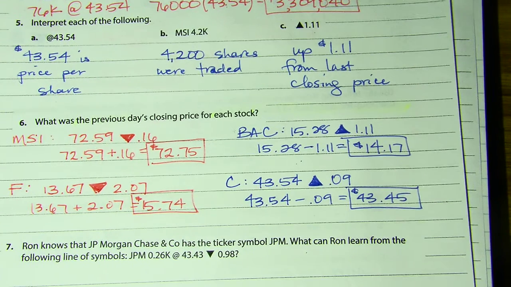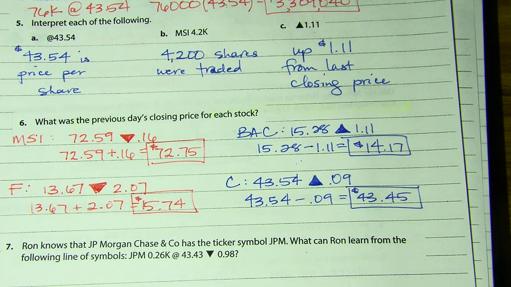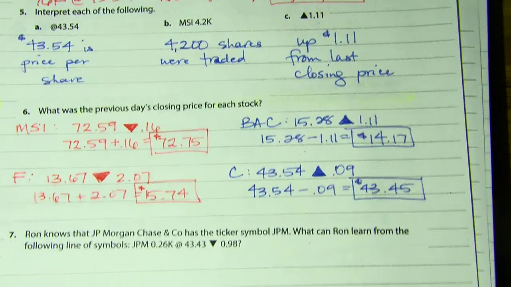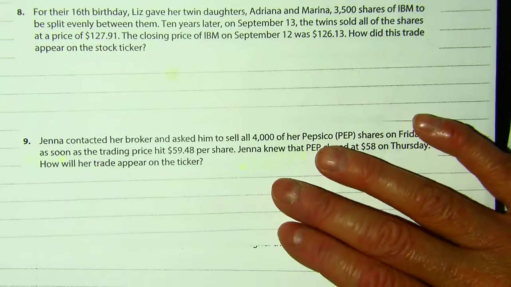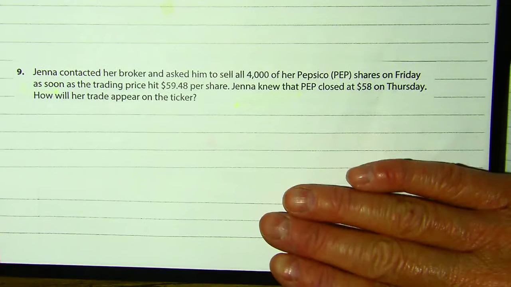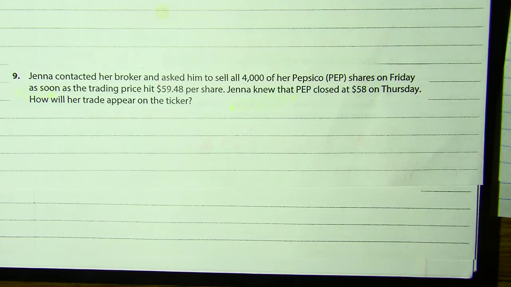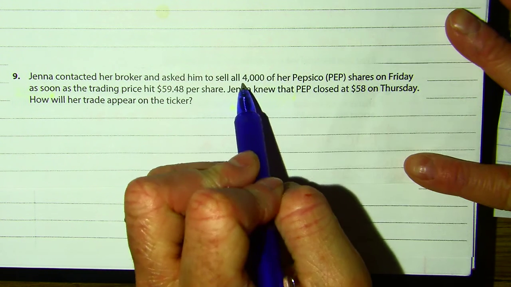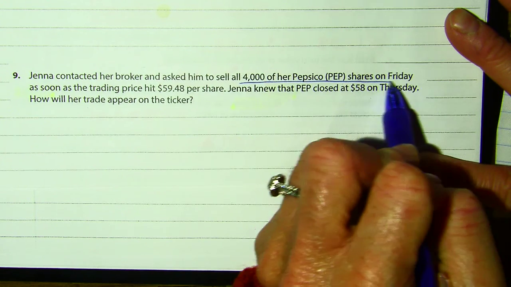So that is pretty much all that's covered. I'll go over a couple, like how to write a stock ticket. So I'm trying to think of, I think there's one on your homework like that. So Jenna contacted her broker and asked him to sell 4,000 of PepsiCo shares on Friday.